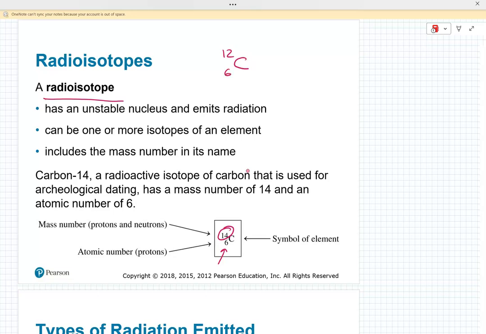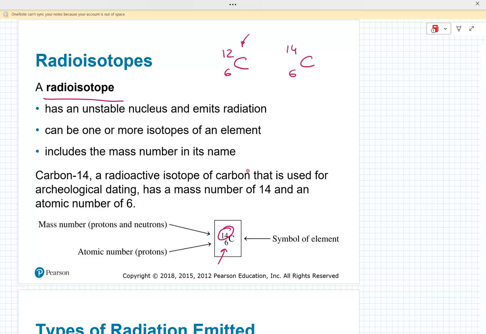How many protons does a carbon atom have? 6. How many neutrons does carbon-12 have? 6. 6 protons, 6 neutrons, right?